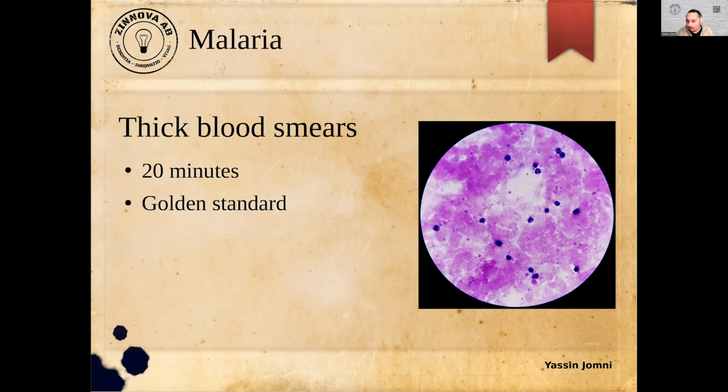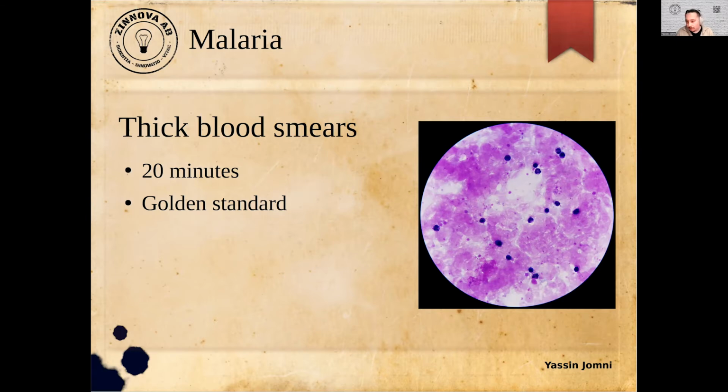The only two things that have nucleus in the blood are the white blood cells, which are the large dots in the picture, and the parasites, which will also get stained. But the parasites are very small, so you cannot see them in this picture. You need to zoom in.